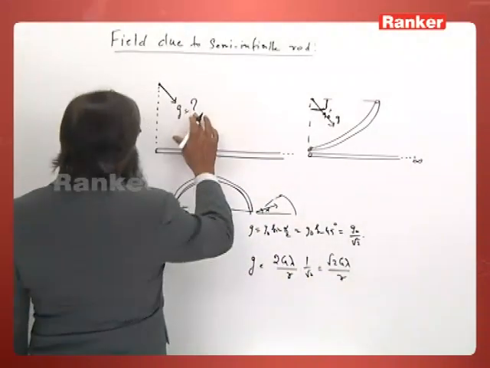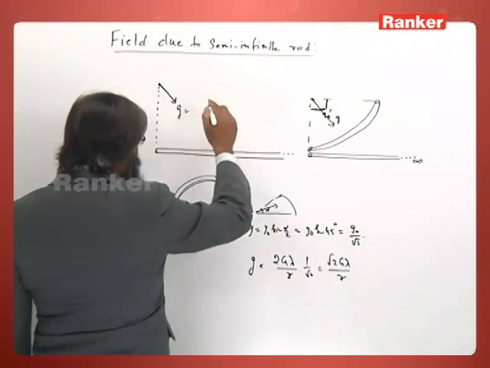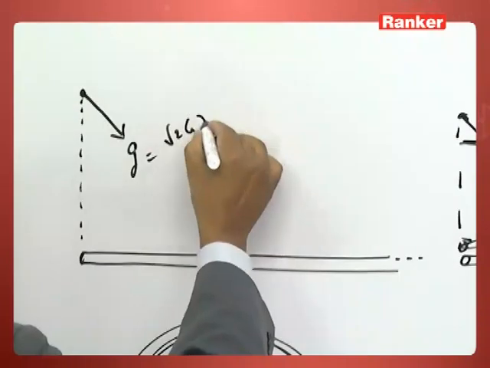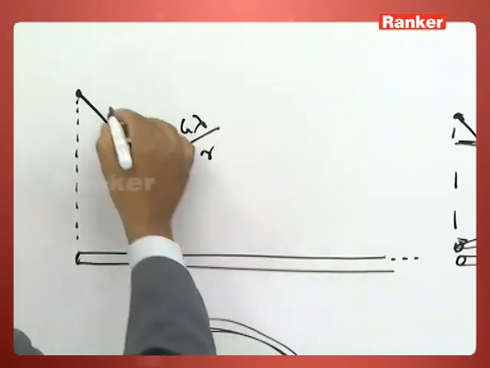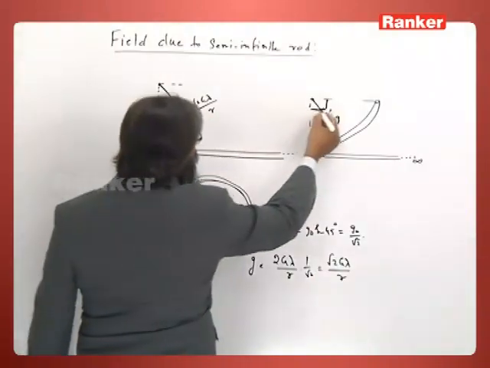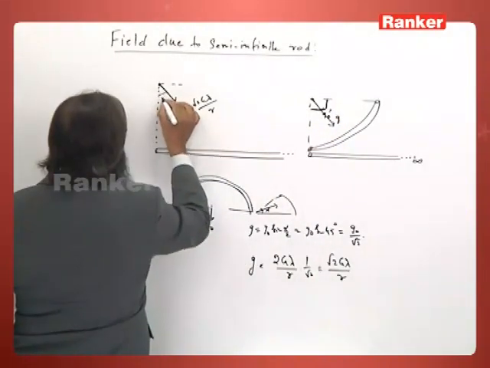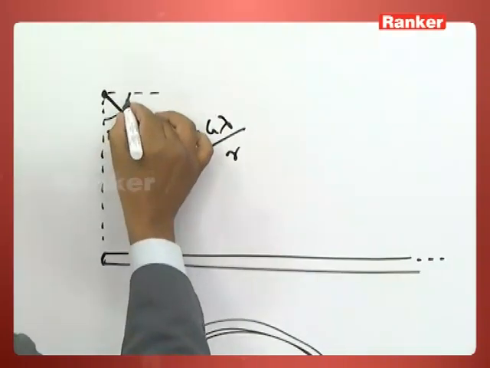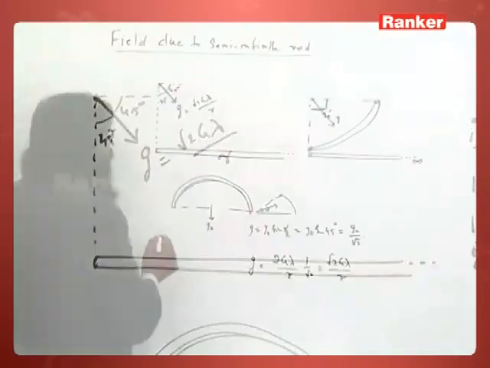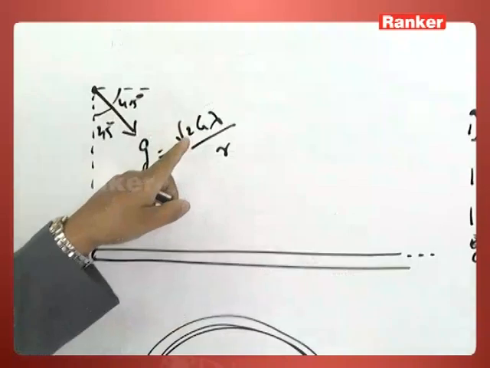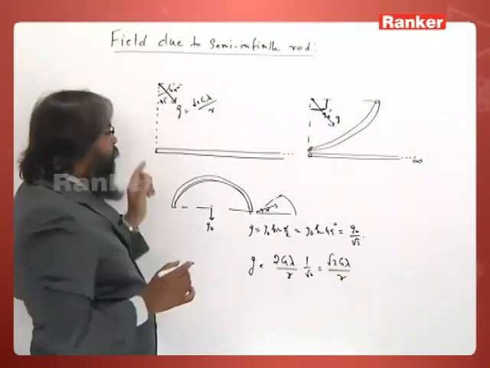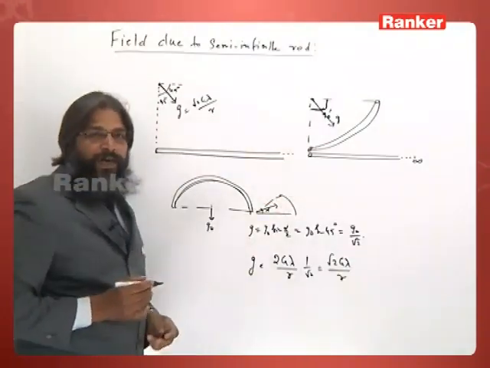So this g then becomes root 2 G lambda by r, and it will be bisecting this angle, that means 45 degrees from here and 45 from here. So g will be root 2 G lambda by r for this semi-infinite mass.